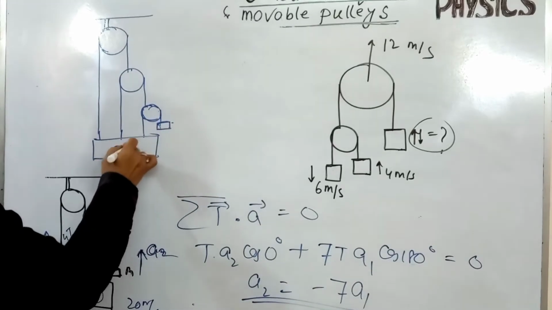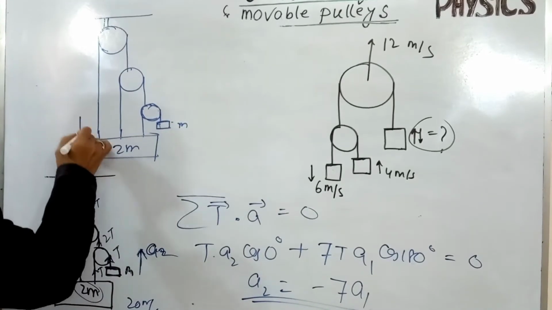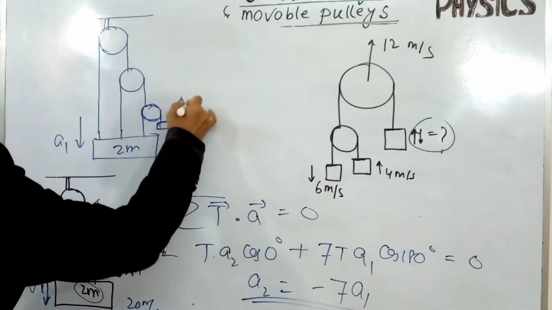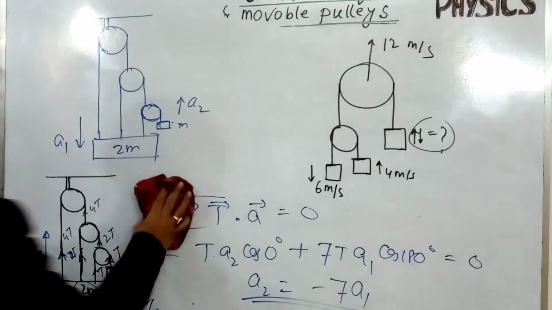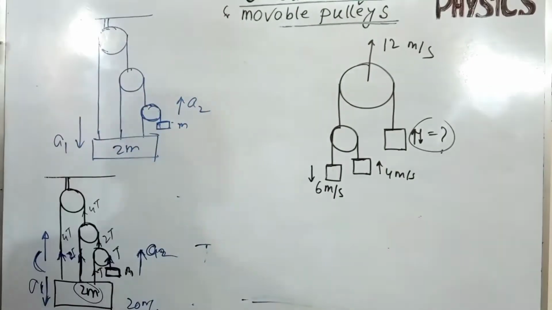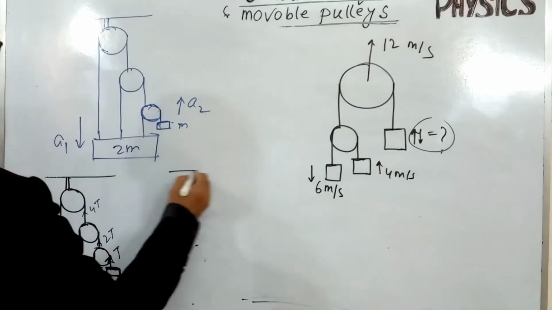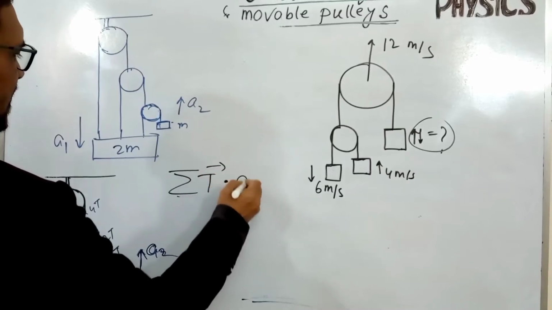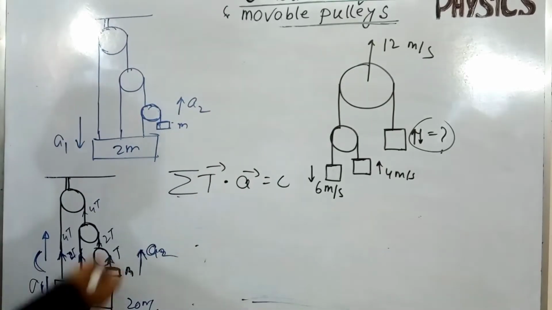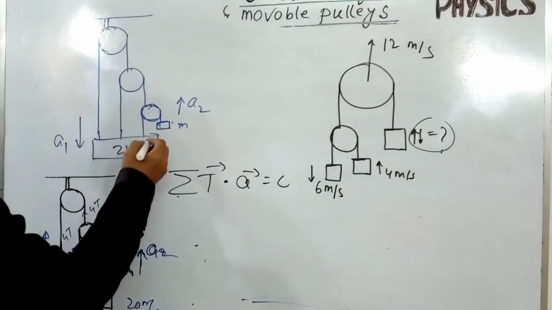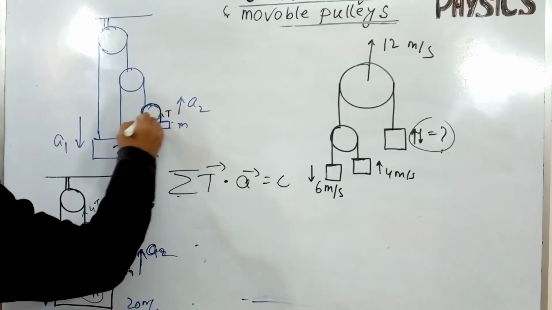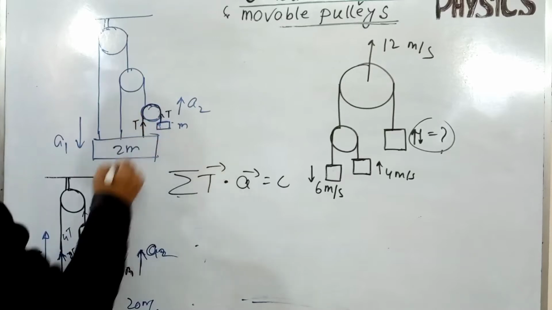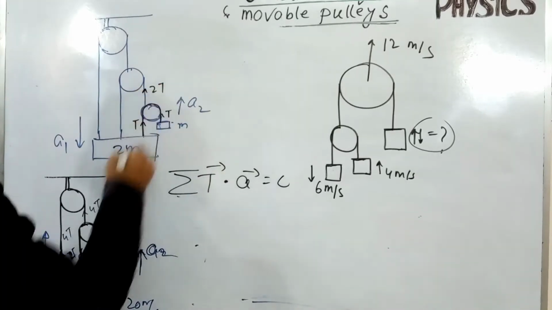So this is 2m, this is m. If the block moves with acceleration a1, what is the acceleration of this block, a2? This is the question. So we apply the sum of T dot a equals 0 for this problem. Now what is the tension of the different strings? Tension along the same string will be the same, that is if this is tension T, then this is T, so this becomes 2T.